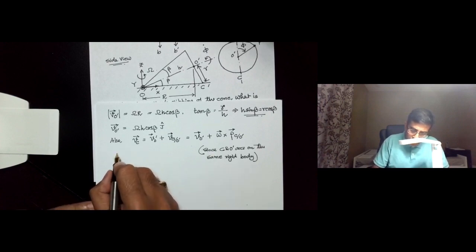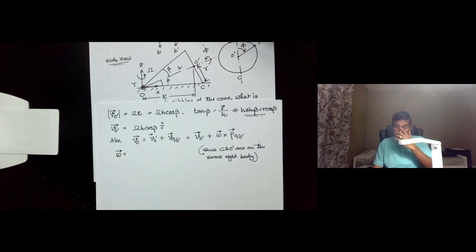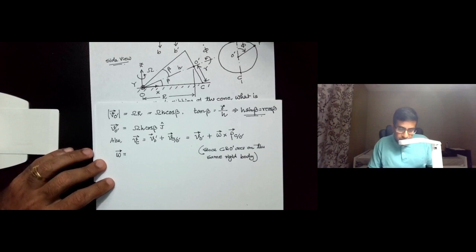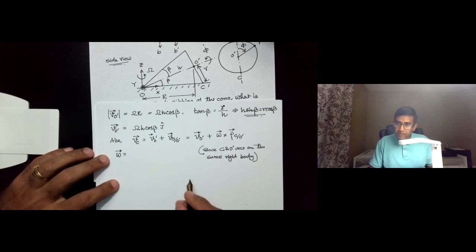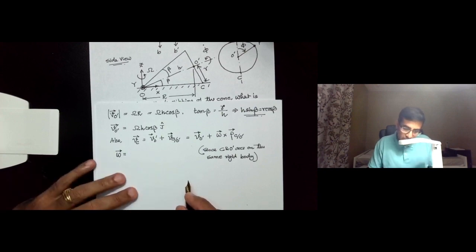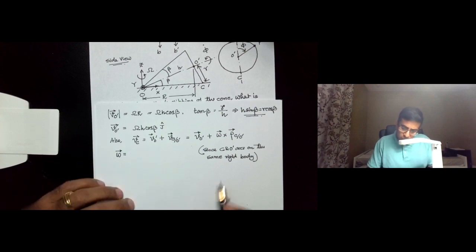Now here we have to keep in mind that omega is the net angular velocity of this rigid body, and so now let us resolve the angular velocity of this rigid body.